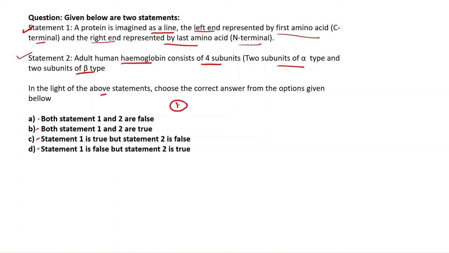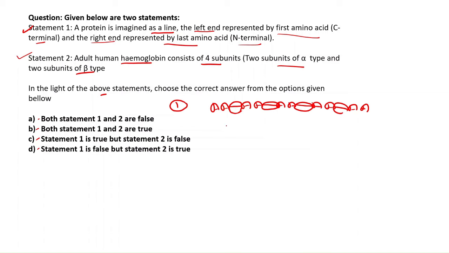Statement 1 states that a protein is imagined as a line. Here it mentions the structure of a protein. So what is a protein? Proteins are long chains of amino acids (AA) connected by peptide linkages.